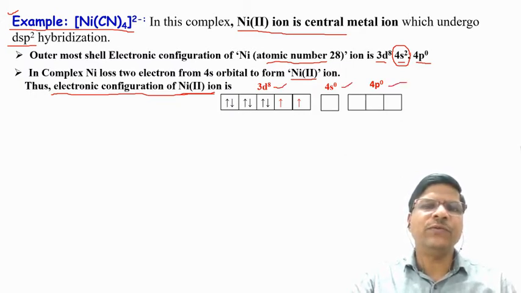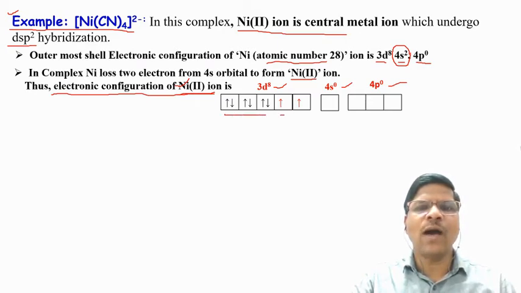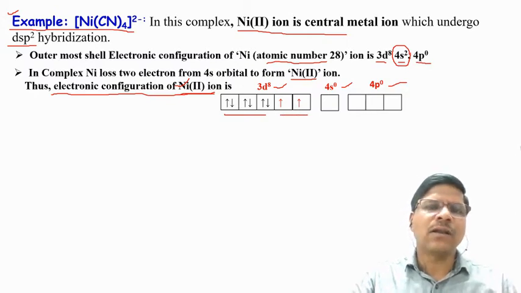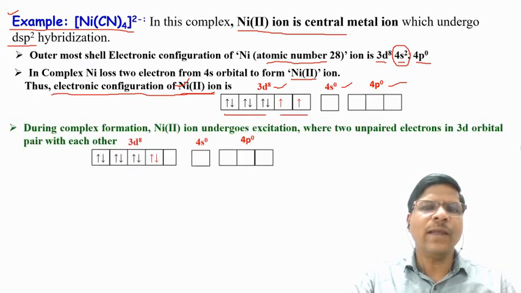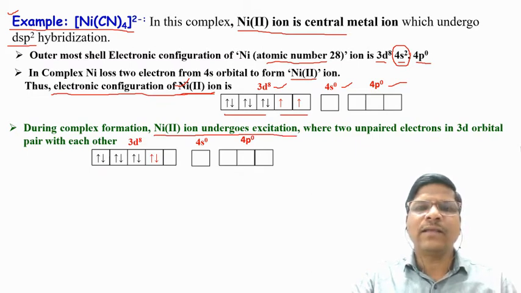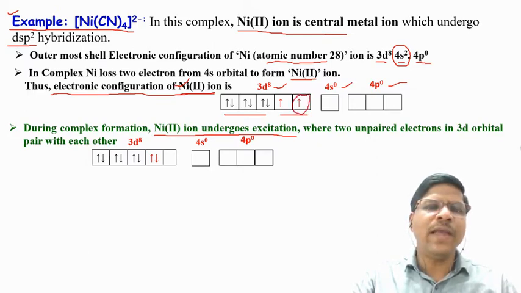Thus in the 3d orbitals of nickel 2, of the 5 orbitals, 3 are fully filled and 2 are half filled. This is the ground state electronic configuration of the nickel 2 ion. Now what will happen when complex formation takes place? The nickel 2 ion undergoes excitation, and in the excited state, the 3d unpaired electrons get paired.